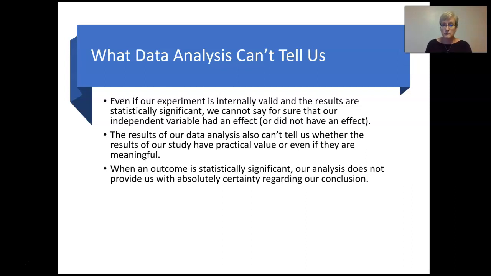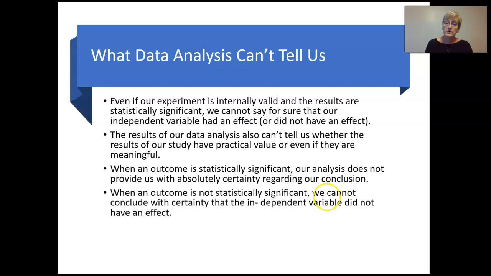You have to really think about what the pitfalls are, what the potential meanings of my finding are, given my understanding of theory, given my understanding of the research and the literature, and given my understanding of the limitations of the test that I'm running. When you have an outcome that isn't statistically significant, you can't conclude 100% that the independent variable didn't have an effect.